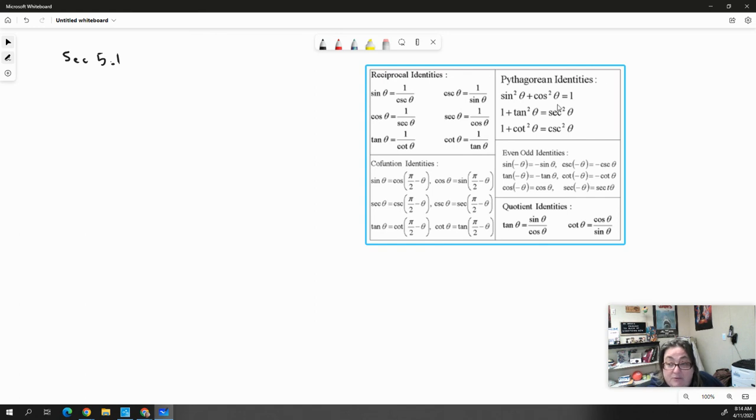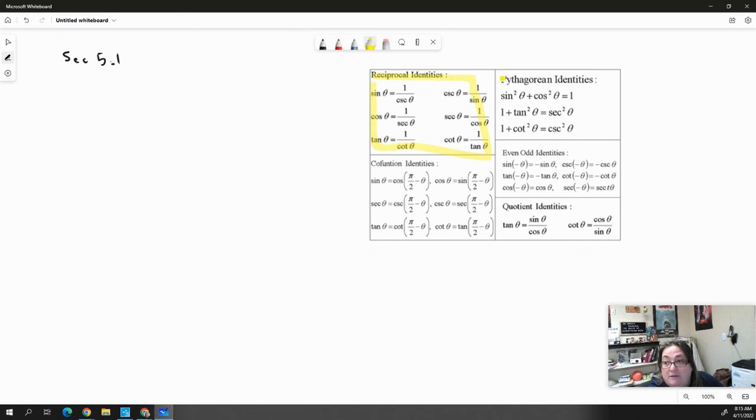I would say the next ones would be the Pythagorean identities, which will help you out a lot. And then you have your even and odd identities, which you won't use nearly as much. Cofunction a little bit, but the quotient identities you'll use quite a bit. So you'll use these a ton.